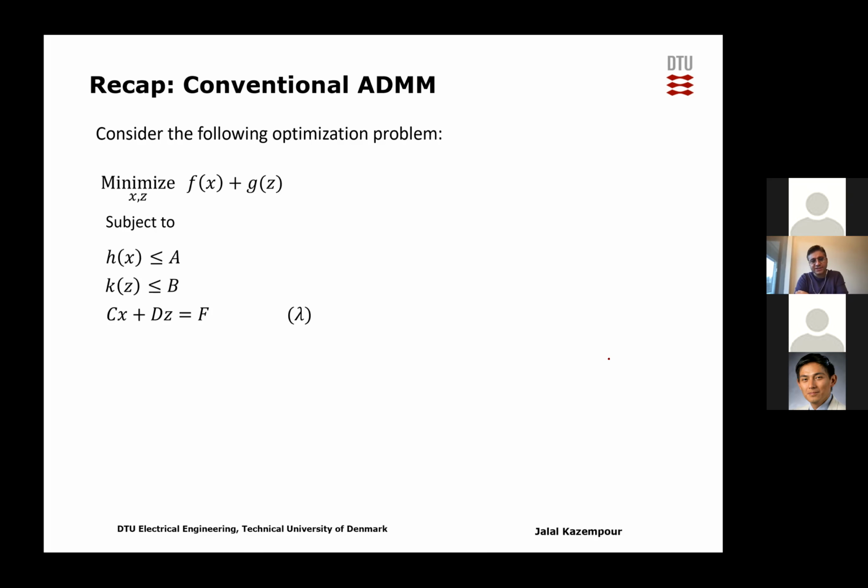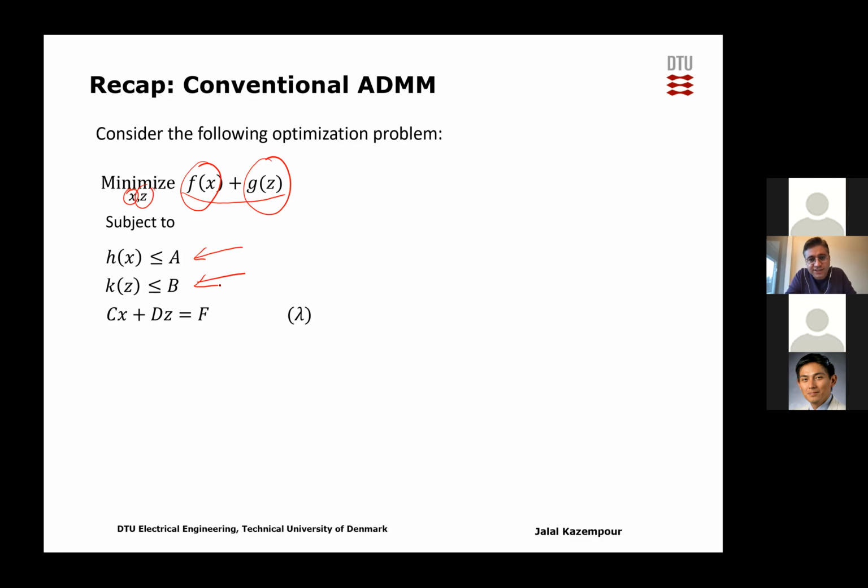If we consider the following optimization problem with two variables, X and Z, we have a separable objective function: the first term just related to X, the second term just depends on Z. Then we have two different constraints.